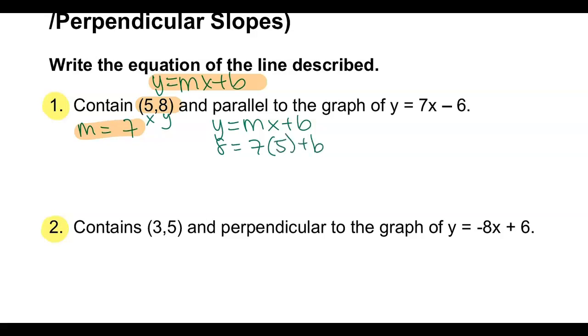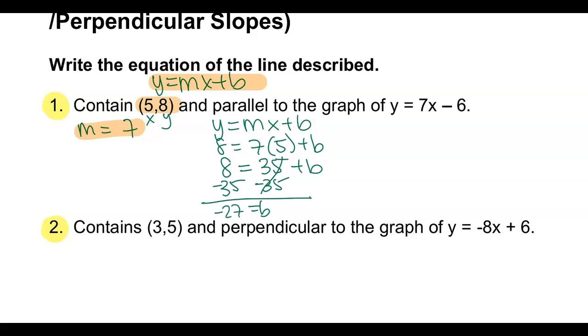We need to solve for b. So we're going to multiply, and in order to isolate b, we're going to subtract 35 on each side. I'm not a human calculator, so what's 8 minus 35? Negative 27. That should be your b value.